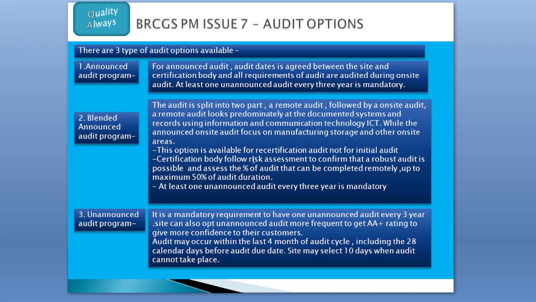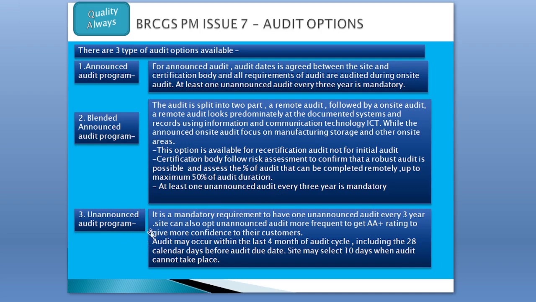This option is available for a recertification audit, not for the initial audit, and the certification body follows a risk assessment to confirm that a robust audit is possible and to assess the percentage of the audit that can be completed remotely, up to a maximum of 50% of the audit duration. At least one unannounced audit every 3 years is mandatory.